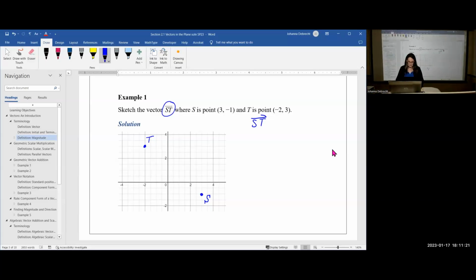So I'm going to use my index card here, and I'm going to try to draw a straight line, which is always a challenge for me. So ST points in that direction right there. Now, if I had one in a different location that had the same slant and the same length, it would be equivalent, just in a different position. So keep that in mind, all right?